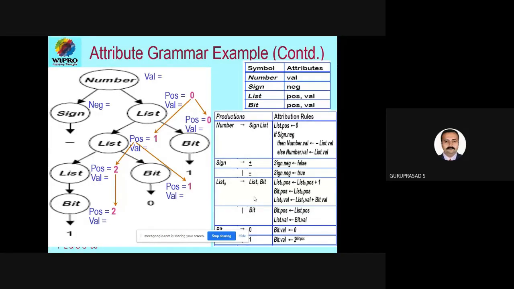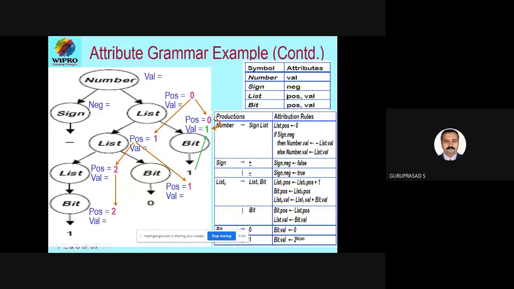From positions, we need to go for val. The first bit is having the value 1. We see that position is equal to 0. Value of the bit is 1. 2 to the power of 0 is equal to 1. Getting the idea? Bit dot val is equal to 2 to the power of bit dot position.